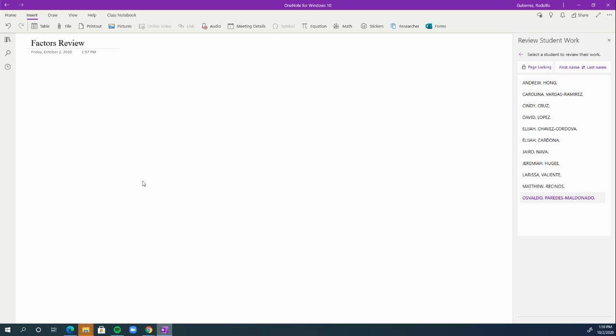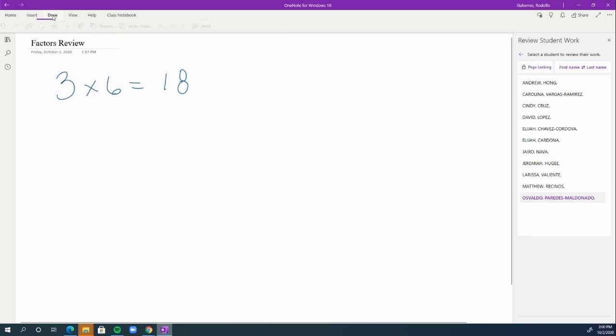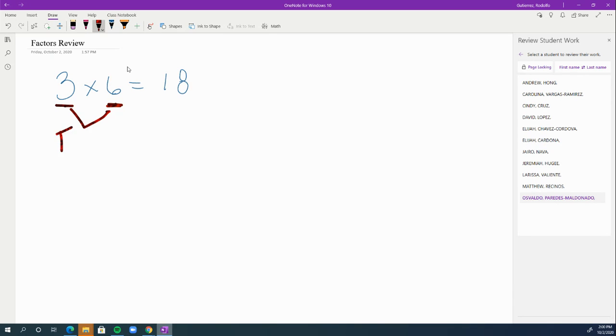Whenever you have a multiplication problem, say for example, 3 times 6 equals 18, the 3 and the 6, those are our factors. Those are the numbers that we multiply together to give us 18, that product.